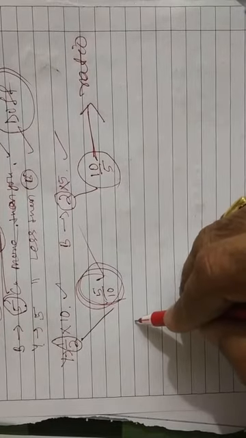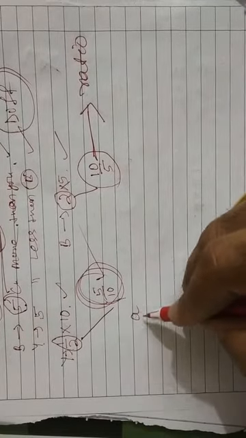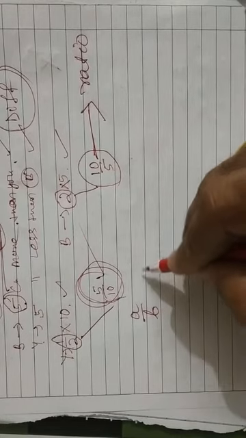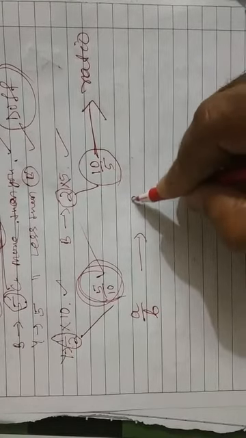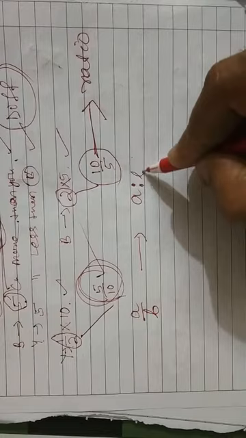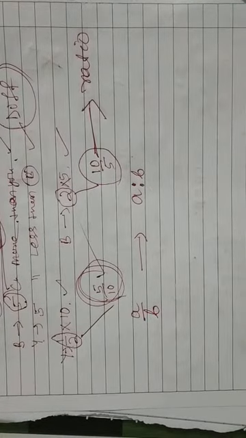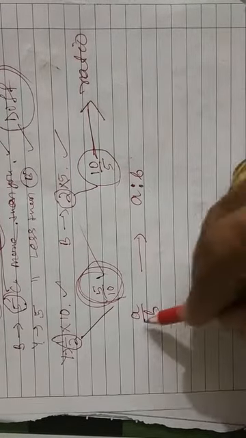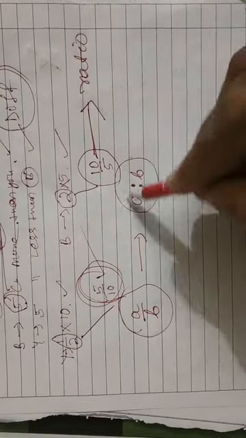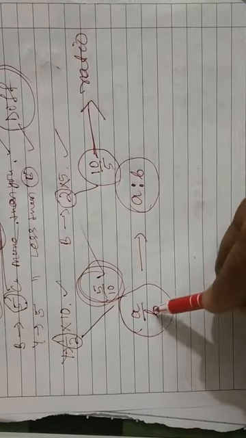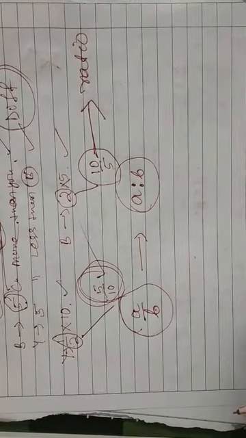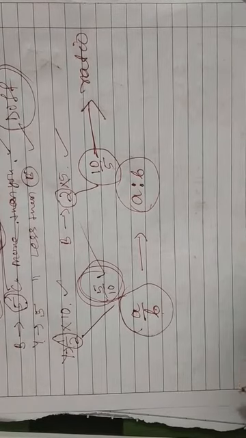So in a ratio, there are 2 numbers. I write A by B, or sometimes A is to B. I read A is to B or A by B. This is a ratio, where A and B are 2 numbers. They are unitless.